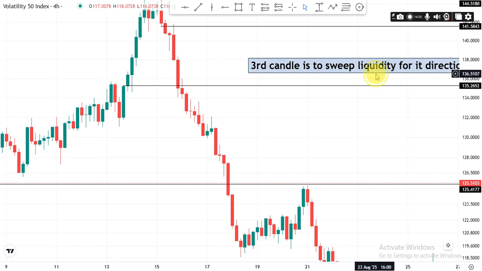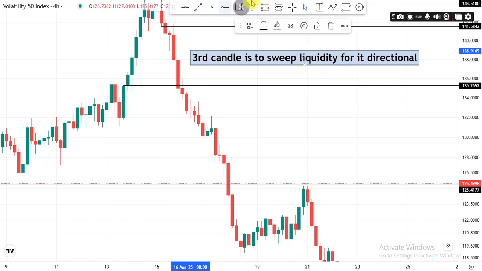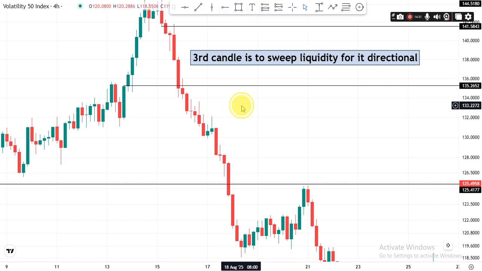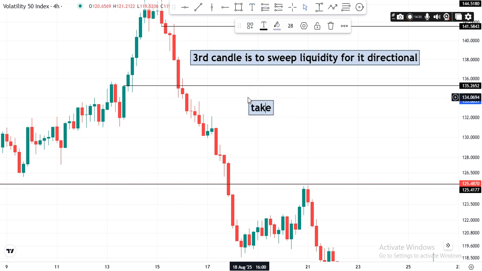Take out early buyers or take out early sellers. So that's why, if you want to apply this strategy, don't rush.